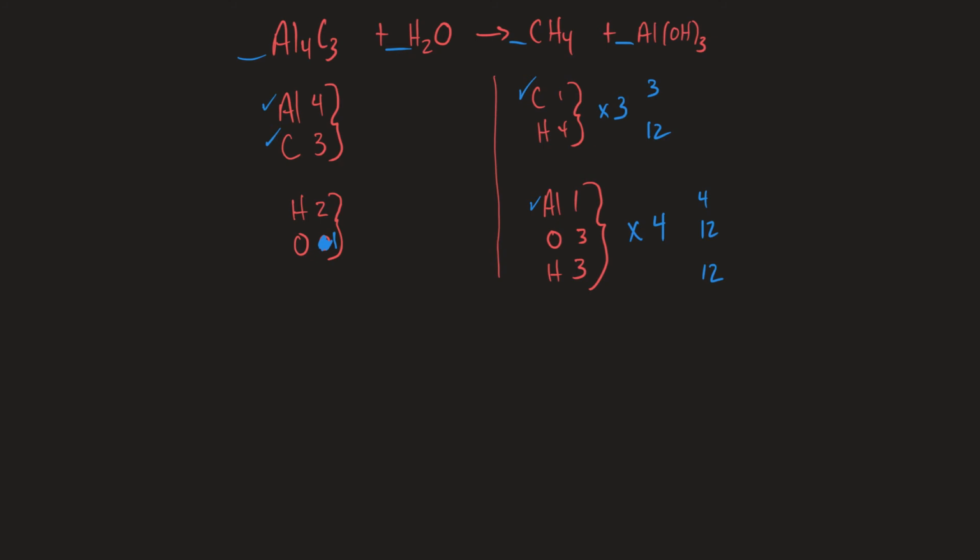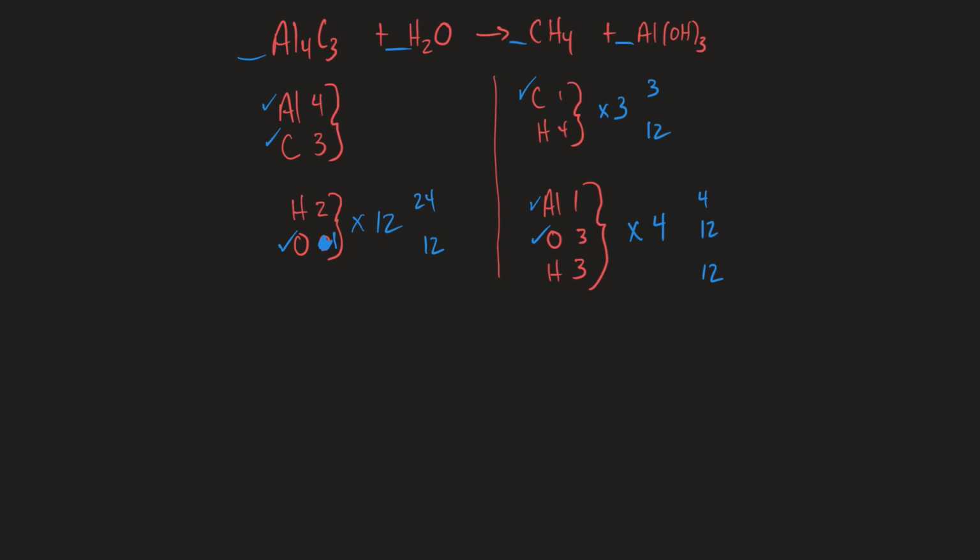So 1 oxygen on the left, and 12 oxygen on the right. Looks like this needs to be a coefficient of 12. And that will give me 24 hydrogen and 12 oxygen. Coefficients can be large. Don't be afraid of large coefficients. So that, in doing that, I fix the oxygen.